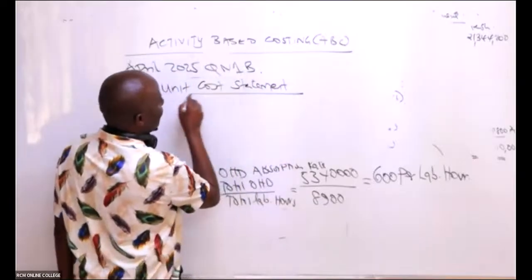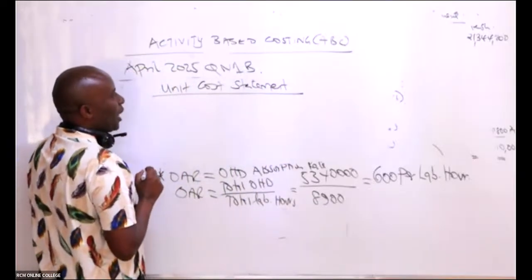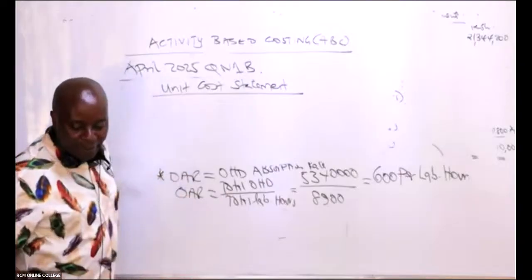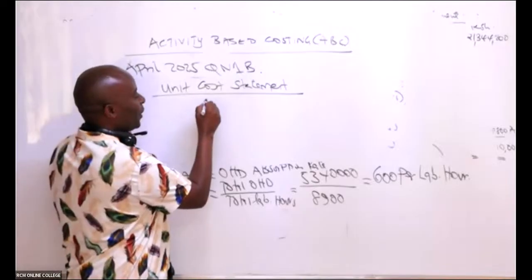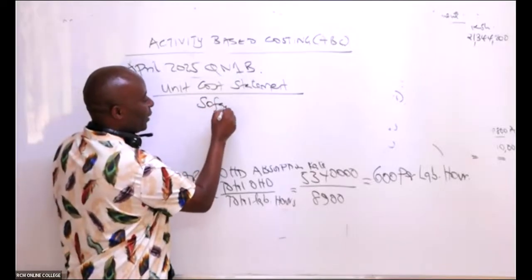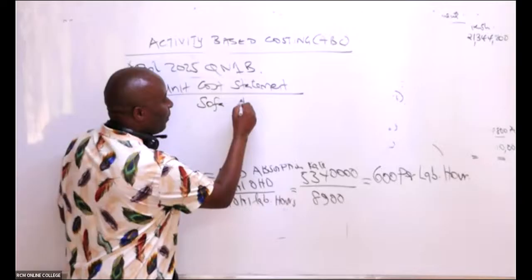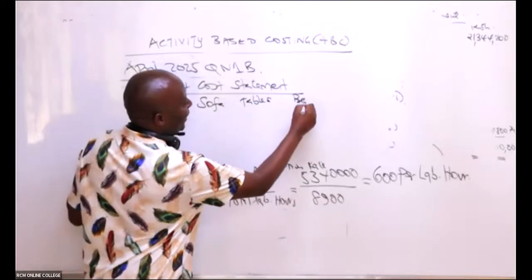We have our three products. Do you remember the names of our three products? We have sofas, tables, and beds, isn't it?